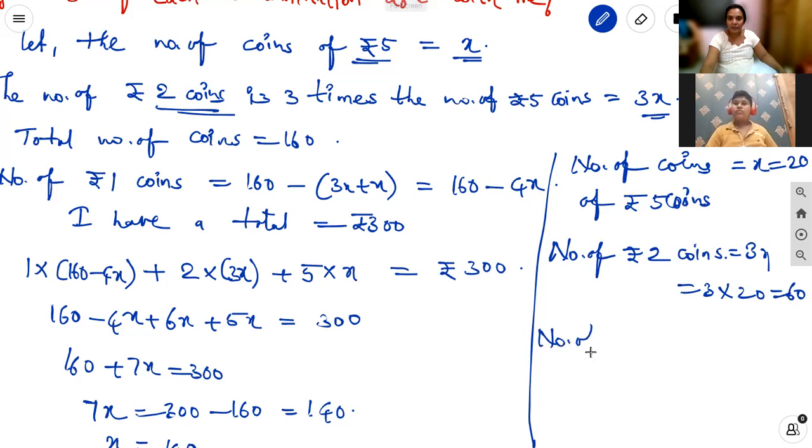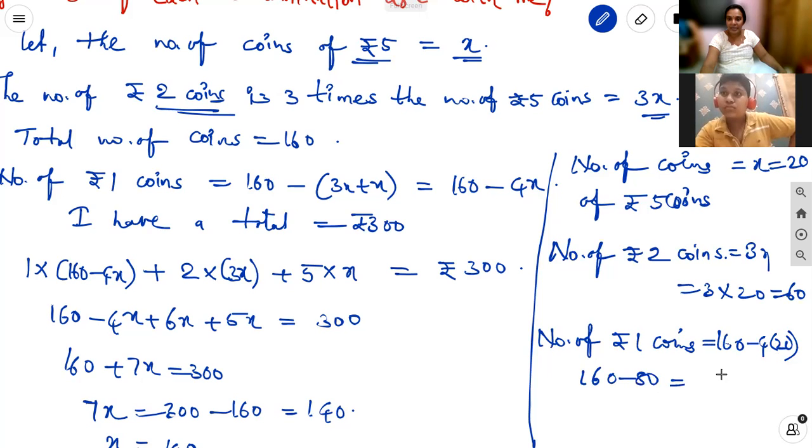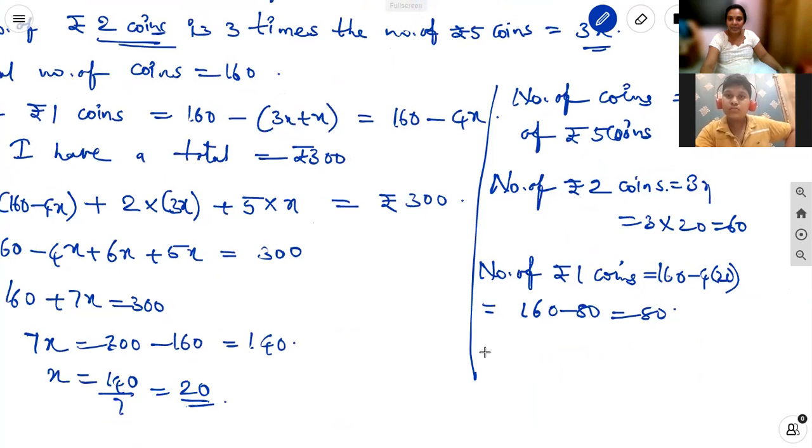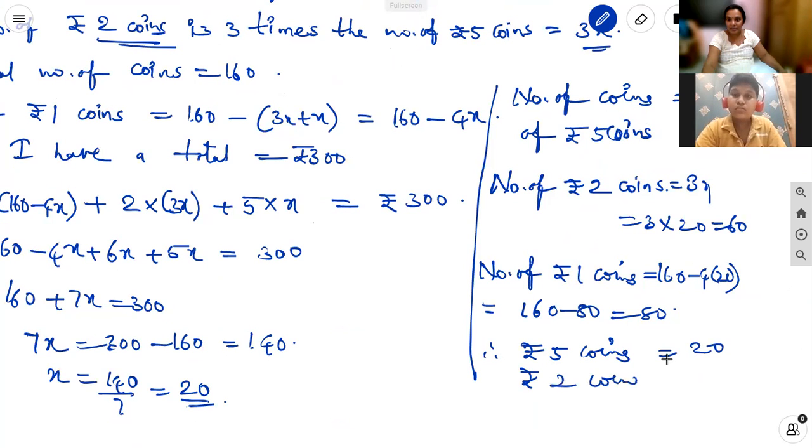Number of 1 rupee coins equals 160 minus 4 into x, x is 20, so 160 minus 80 equals 80. Therefore, 5 rupee coins equal 20, 2 rupee coins equal 60, 1 rupee coins equal 80.